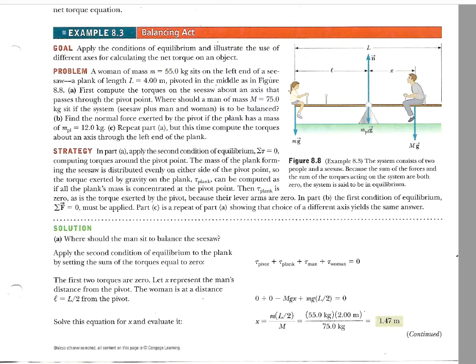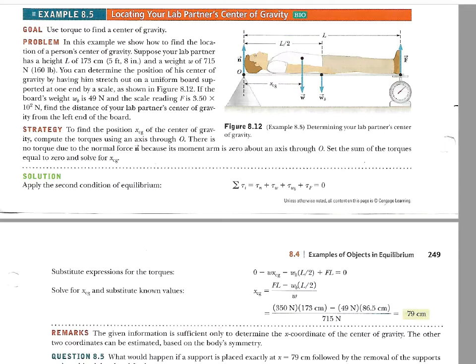That gave us an idea of how to establish where the force was applied and where the torque was applied. Most bodies, though, are not uniform, and in example 8.5, we're going to use some techniques where we have measured forces to determine where the center of gravity of a non-uniform body is.